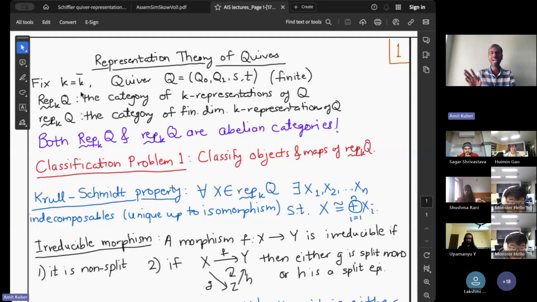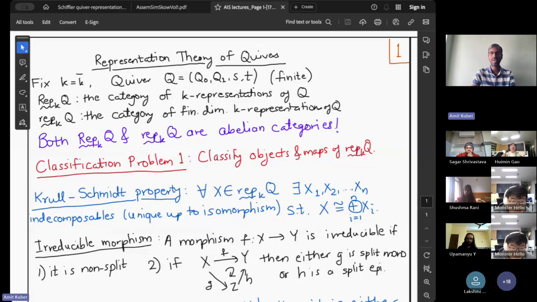If you don't know what categories are, a quick introduction would be that in mathematics, you do not study any object for itself. You always study an object in conjunction with another object, in conjunction with morphisms between them. And those morphisms normally preserve the properties that they are supposed to preserve.